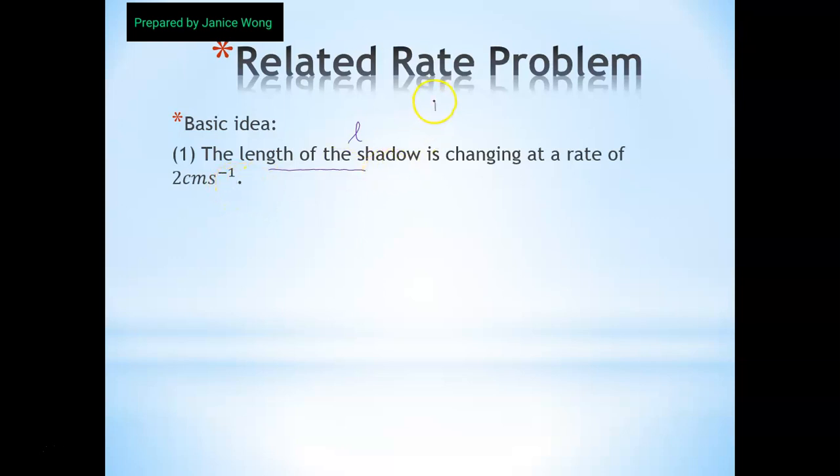This means there is a difference in the length over the difference in time. The rate of change means dL over dt. The rate of change of the length equals 2. However, we are not sure whether the length of the shadow is getting longer or shorter, so we just leave it as 2.